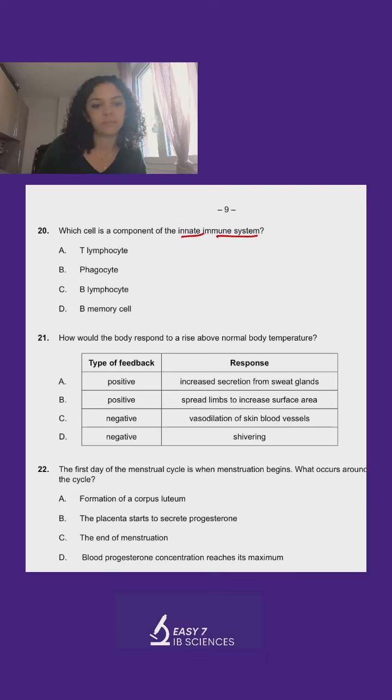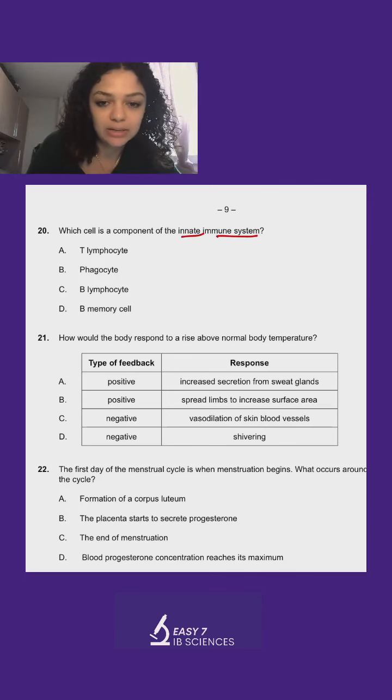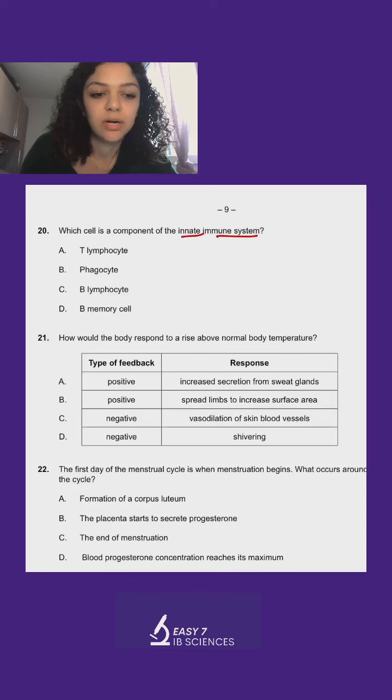So, for example, coughing is part of the innate immune system. So if you cough, you're getting rid of any pathogens, any things that are not supposed to be in your lungs, you can cough them out. So very good. Someone said innate is the natural response. Exactly. What are other things part of our innate immune system?